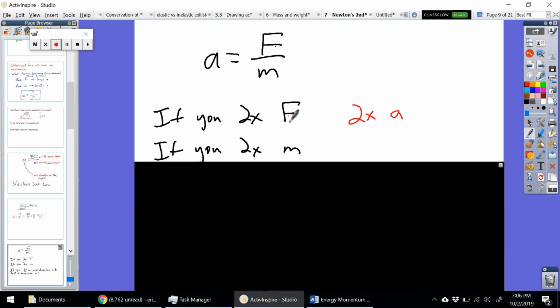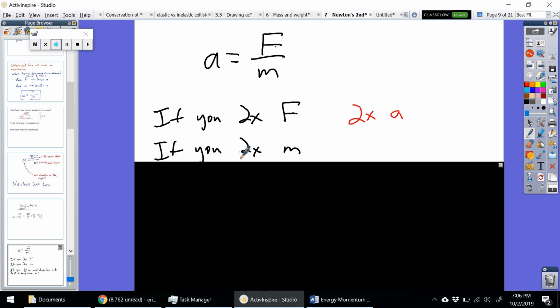actually, this question is if you double the mass. Now, mass is an inverse relationship. So if you double the mass, the acceleration should go down. You wouldn't say double the acceleration, because the acceleration clearly goes down. So the question is, by what factor does the acceleration go down? Knowing that it's an inverse relationship, you take that factor 2 and you invert it.